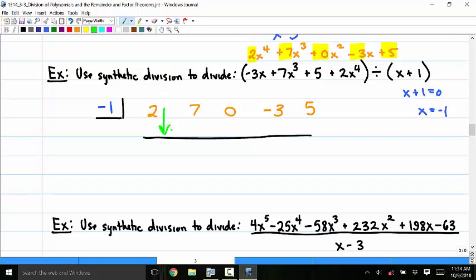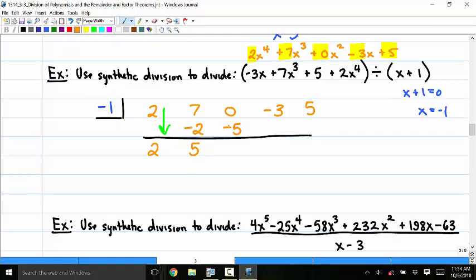Drop down the 2. 2 times negative 1, negative 2. Add 7 plus negative 2. Do you get 5? Now do 5 times negative 1. Negative 5.